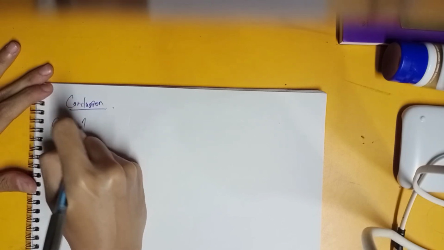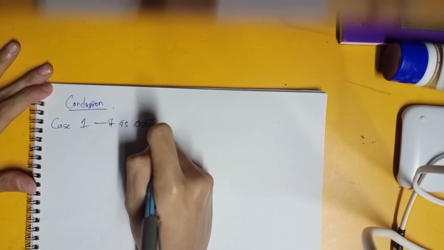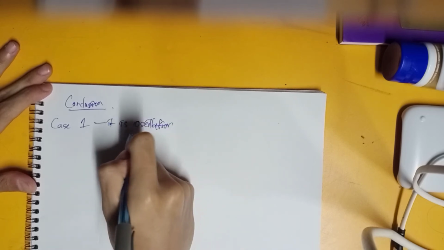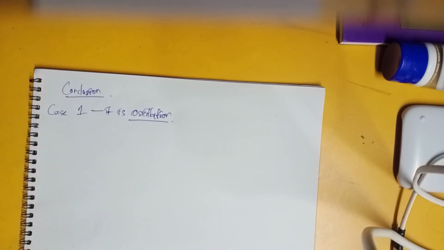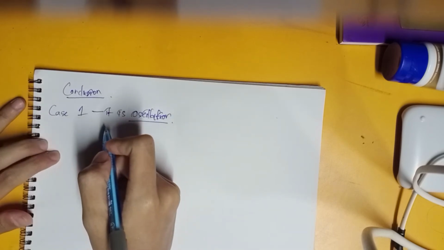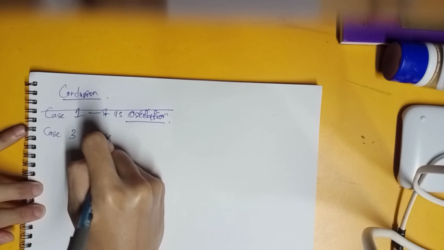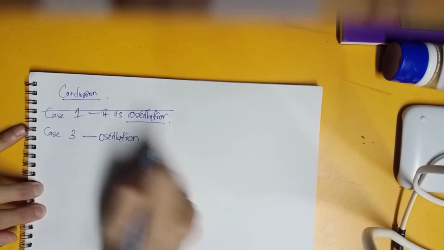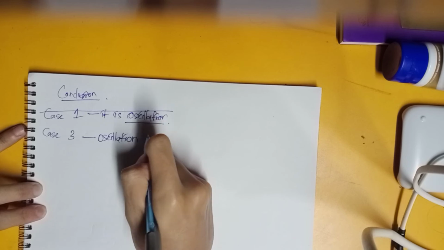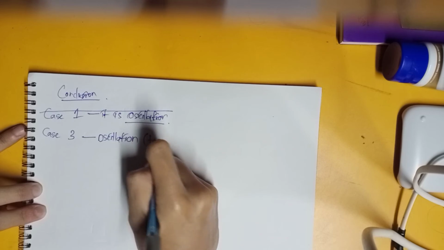So the conclusion is that for the case one, it is oscillation. For case 3, this is what we call oscillation, and at the same time this is what we call that the system is too springy.